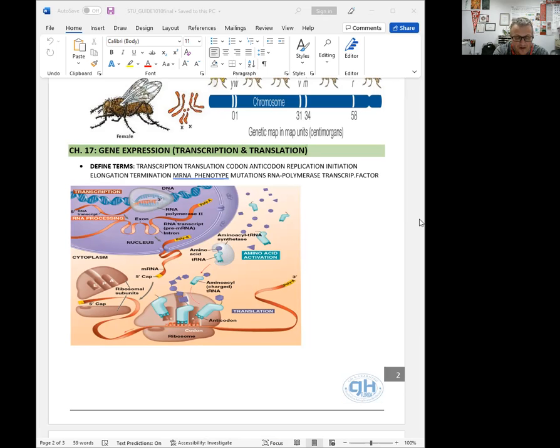Mutations are also important. One or a few nucleotides can affect protein structure and function, and that can cause mutations. A missense mutation is a single nucleotide change that causes a change in the amino acid coding. Nonsense mutations change an amino acid codon to a stop, and frameshift mutations can be deletions or insertions.